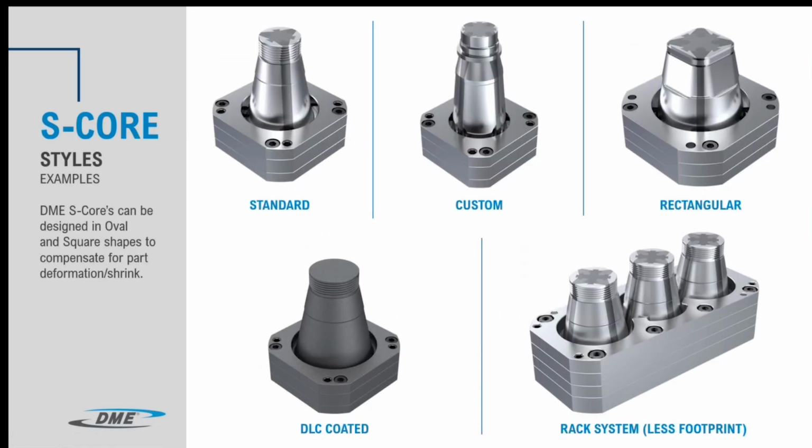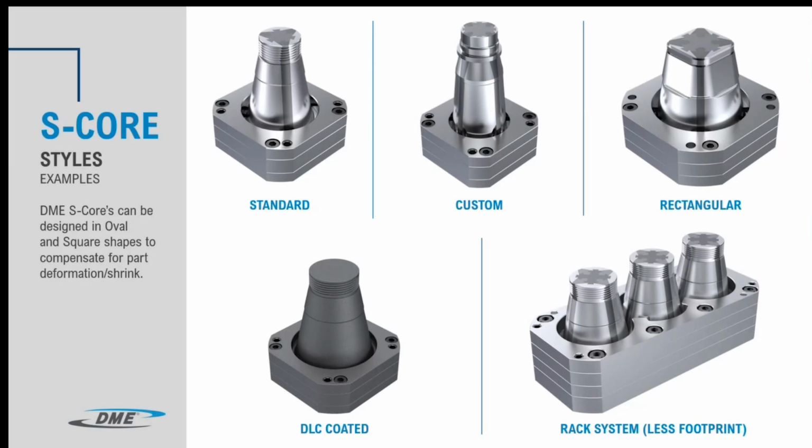So here we also have some of the versions of our S-cores. On the left side, you see standard. Standard means normal, the core looks like this. But every S-core that we produce for you is a special one. It means our design engineers check the design of your part and create a core for your part.